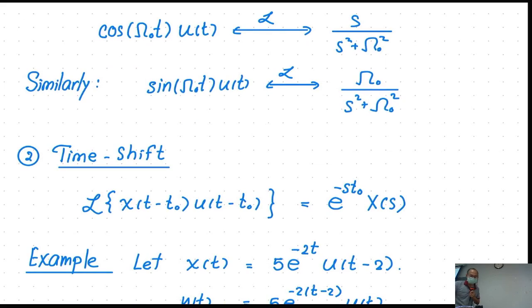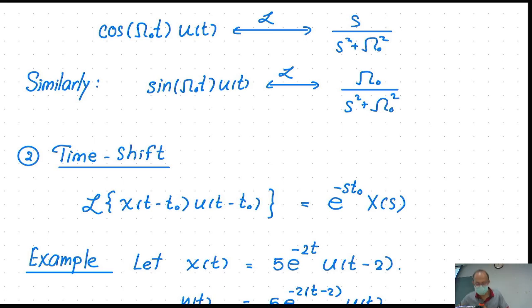On the other hand, the Laplace transform of sine is this. They are quite similar, right? The denominator is exactly the same, except for the numerator. The numerator of cosine is s, but the numerator of sine is the angular frequency omega 0.